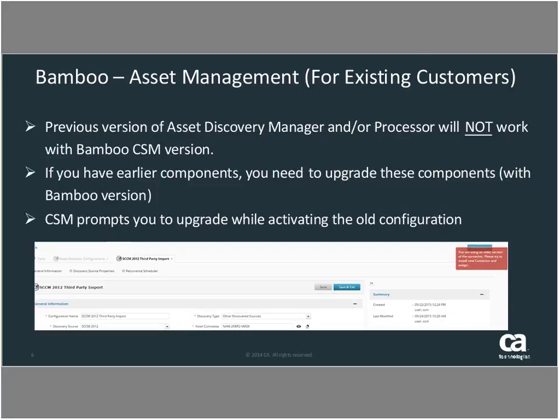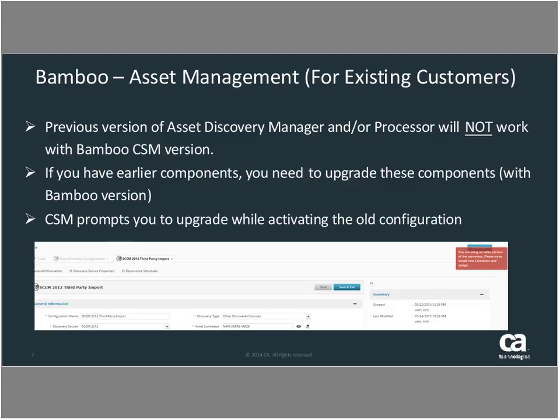So what will happen for the existing customers when Bamboo gets rolled out to them? The previous version of the Asset Discovery Manager and the processor will not work with the Bamboo CSM version, mainly because we introduced a lot of small changes in the installer and on the processor side. We knocked out certain unwanted components which were impacting the size and performance of the processor.